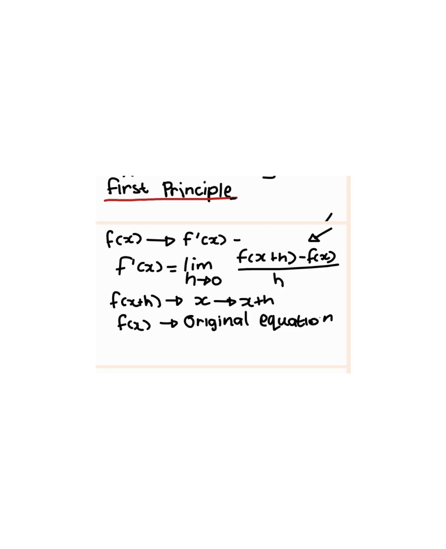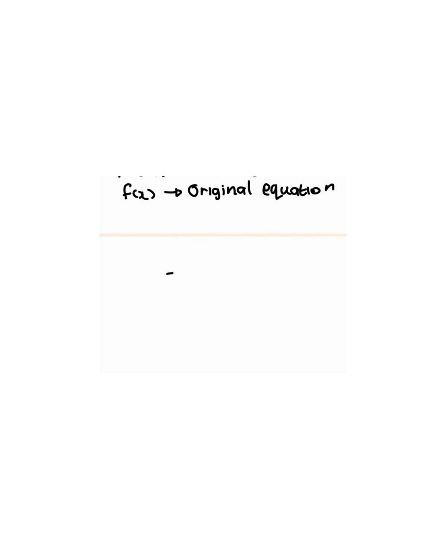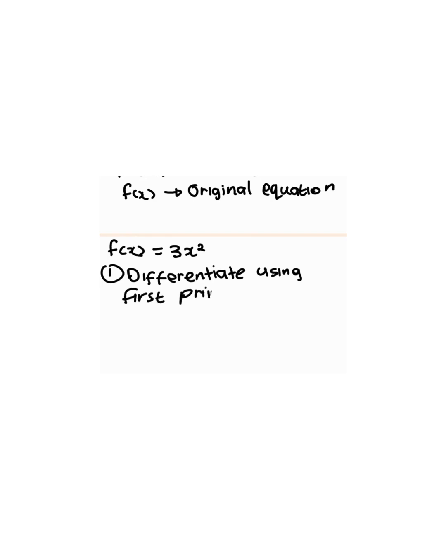So I'm going to jump onto our first example on differentiating using first principles. We have f at x equals 3x squared, and the question says, differentiate using first principles.